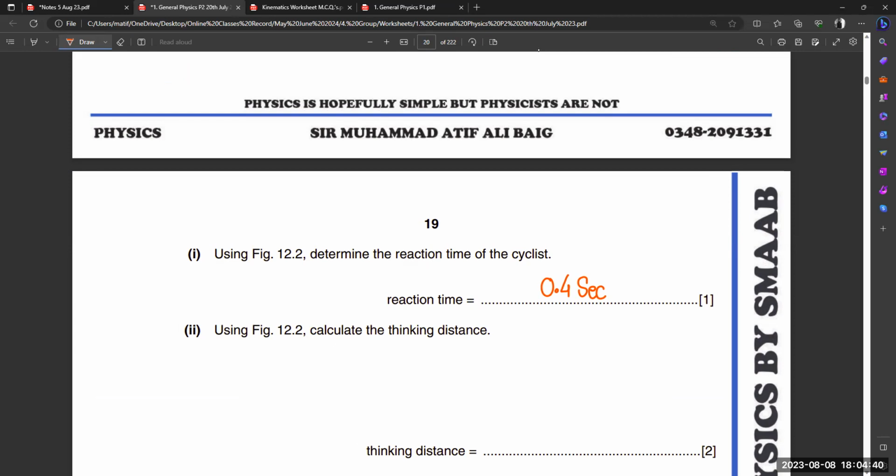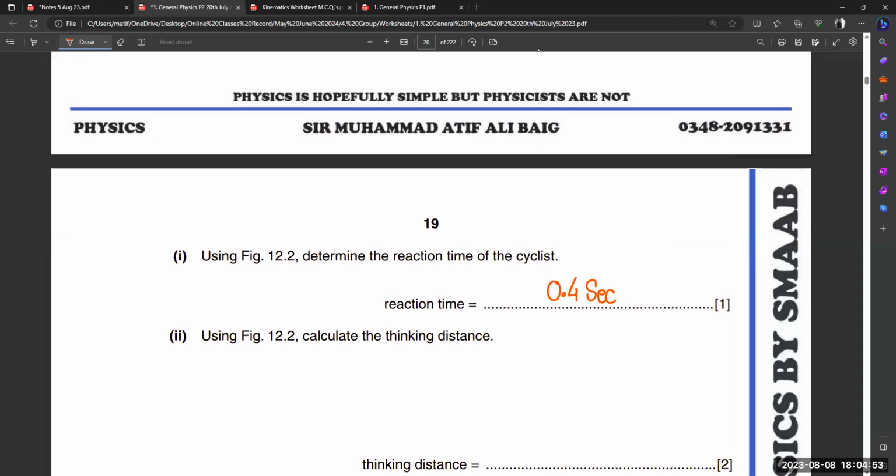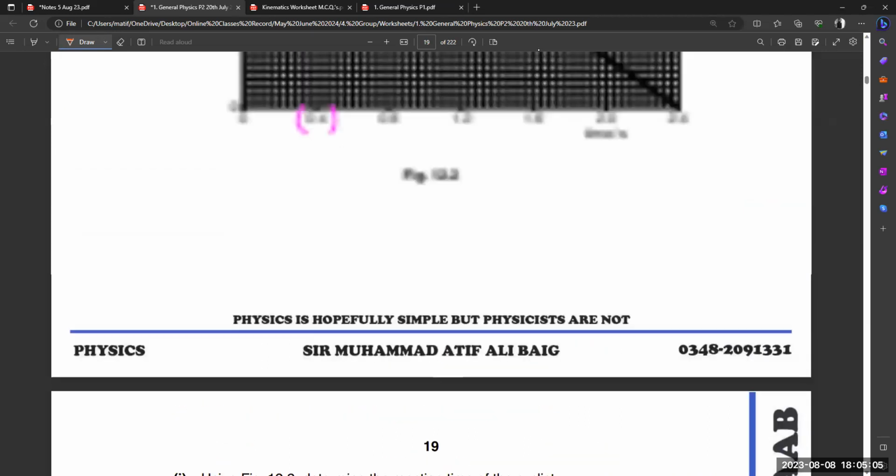And now we need to calculate the thinking distance. To calculate the thinking distance, we apply the same formula for distance and speed. Distance can be calculated as s equals vt, because v equals s over t. So what is the value of speed at 0.4 seconds?